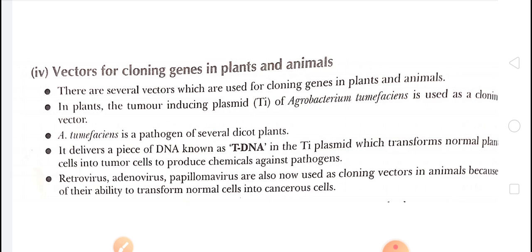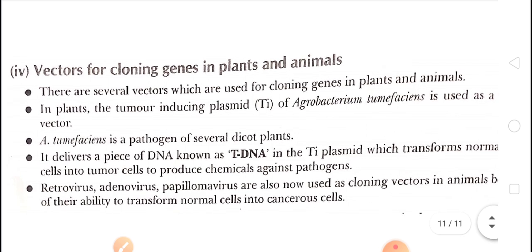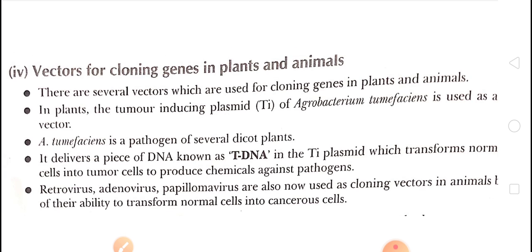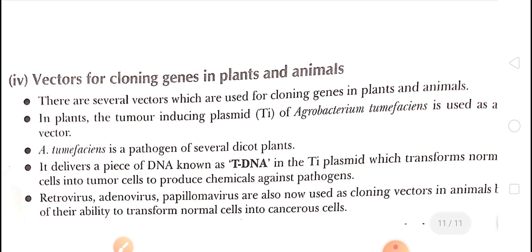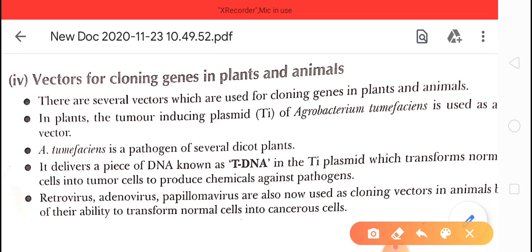Next, vector for cloning genes in plants and animals. Now we have seen in bacteria. After that we'll discuss plants and animals. In plants, basically an example is the Ti plasmid, the tumor inducing plasmid of Agrobacterium tumefaciens.